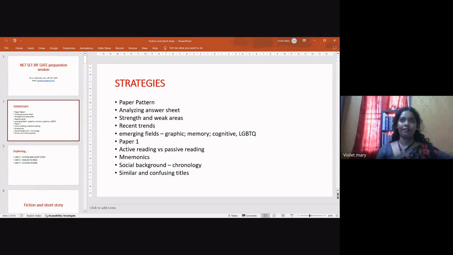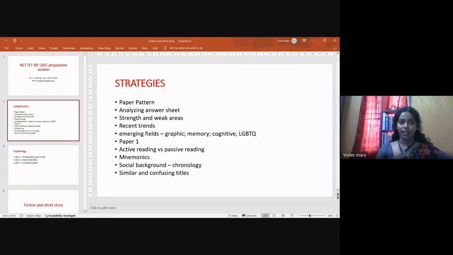Then, if you have given 1 or 2 attempts, you will definitely find, after finishing a whole history book, at least 20 or 50 similar, confusing titles. Some things can be adapted from one form to another, from poetry to novel to short story, like that.